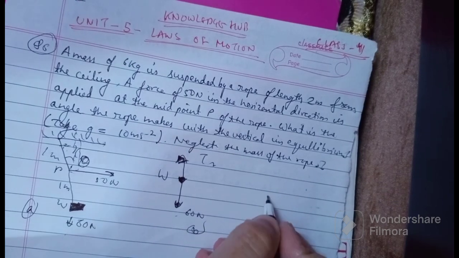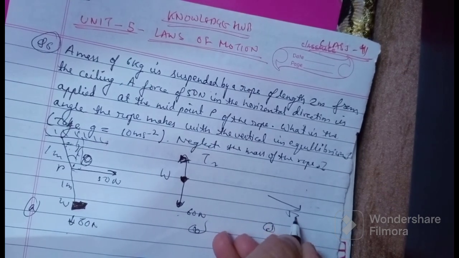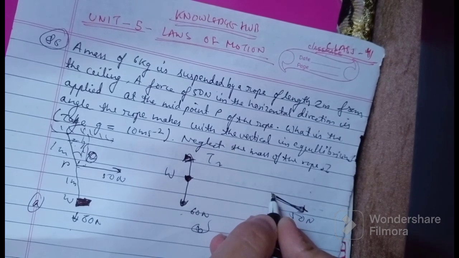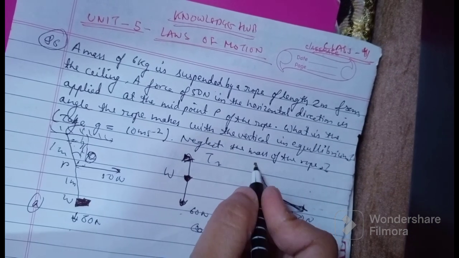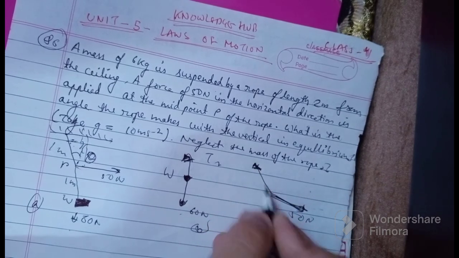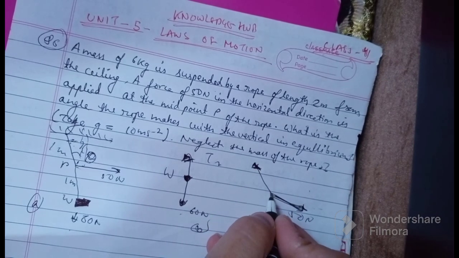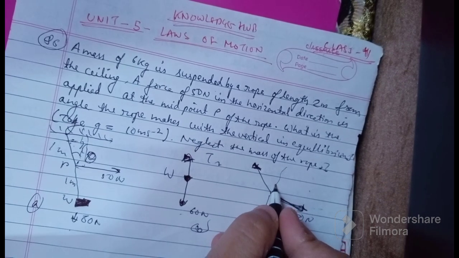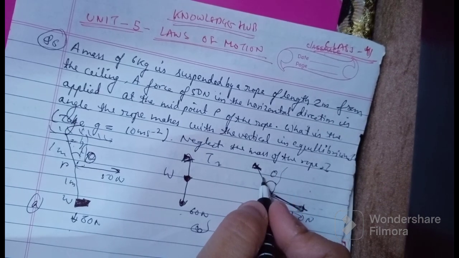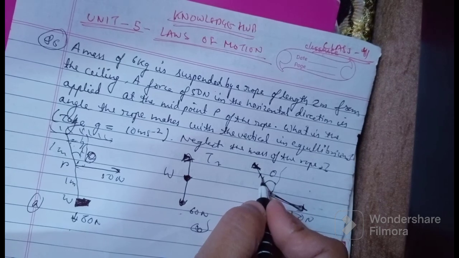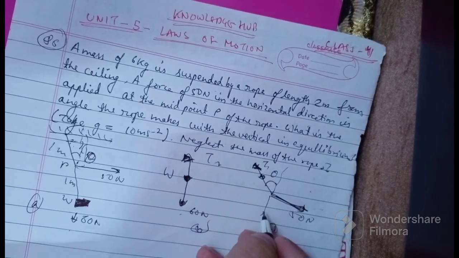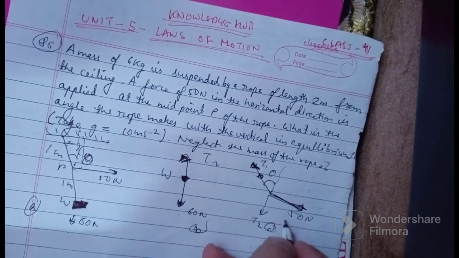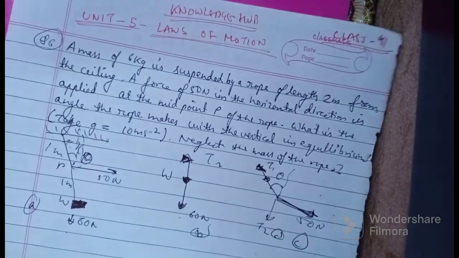In the C figure we have 50 Newton, this is the angle theta, T1, this is T2. Okay, this is figure C.